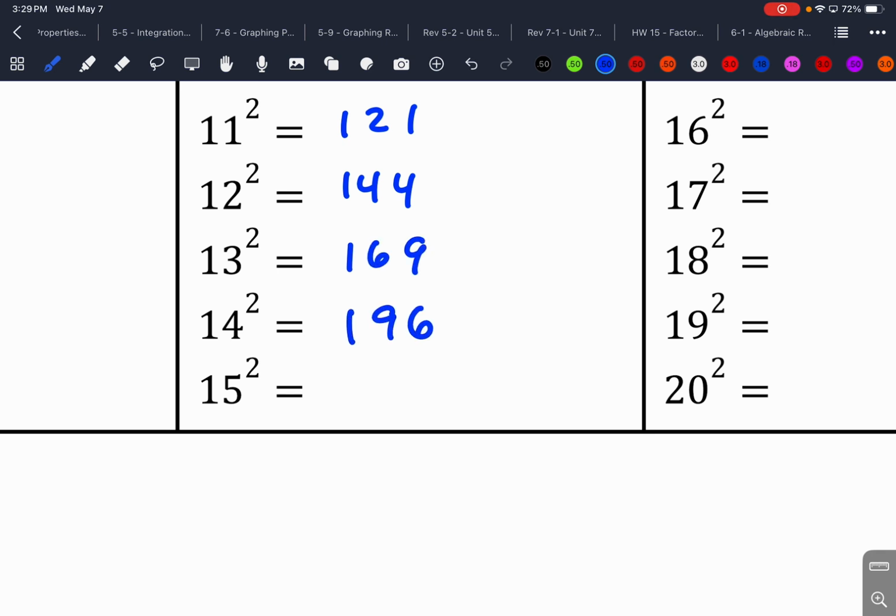I always remember that because they're like backwards of each other. And then you got 225.